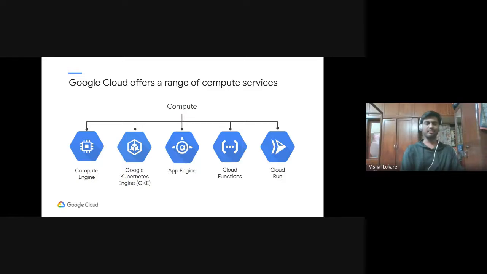Then there is App Engine. There are Cloud Functions. There is Cloud Run. You can search about all these. These all will be covered in your Quick Labs too. So you will get hands-on experience on how to make clusters in Kubernetes and how to use all of these services.